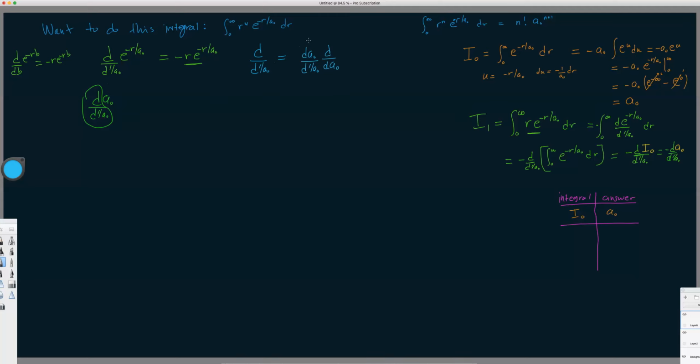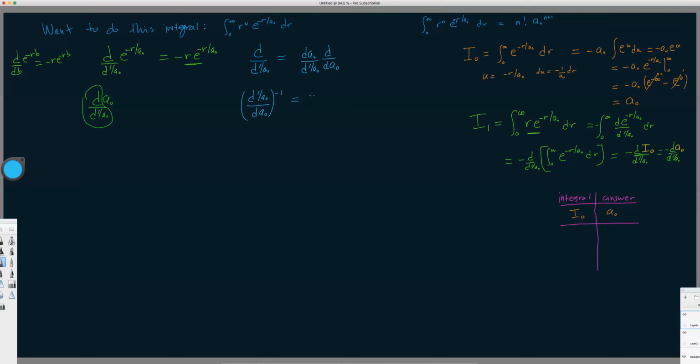Okay, so what we're going to do is look at this. This derivative is just d(1/a naught) over dA naught, right? And to the minus 1, so you can flip that around. So we know what this derivative is.